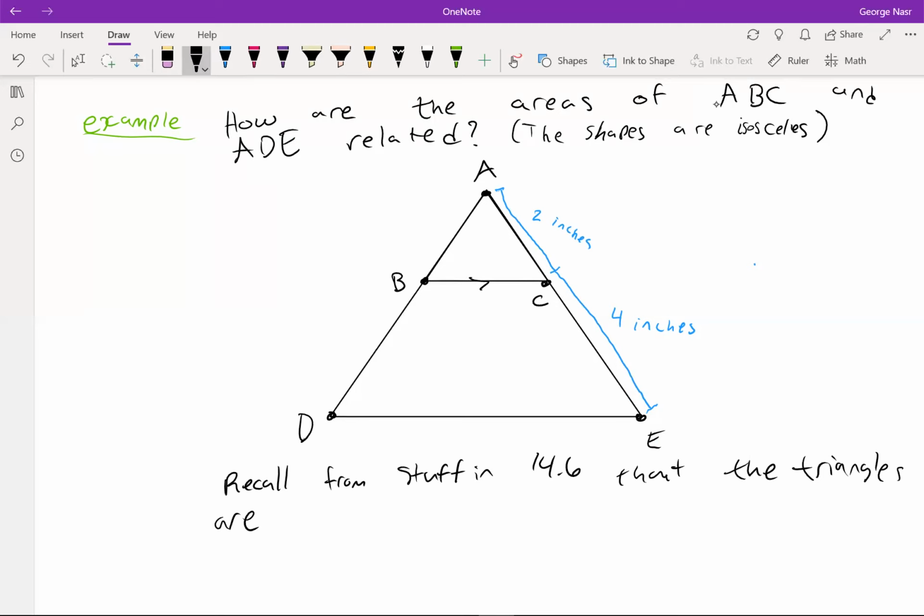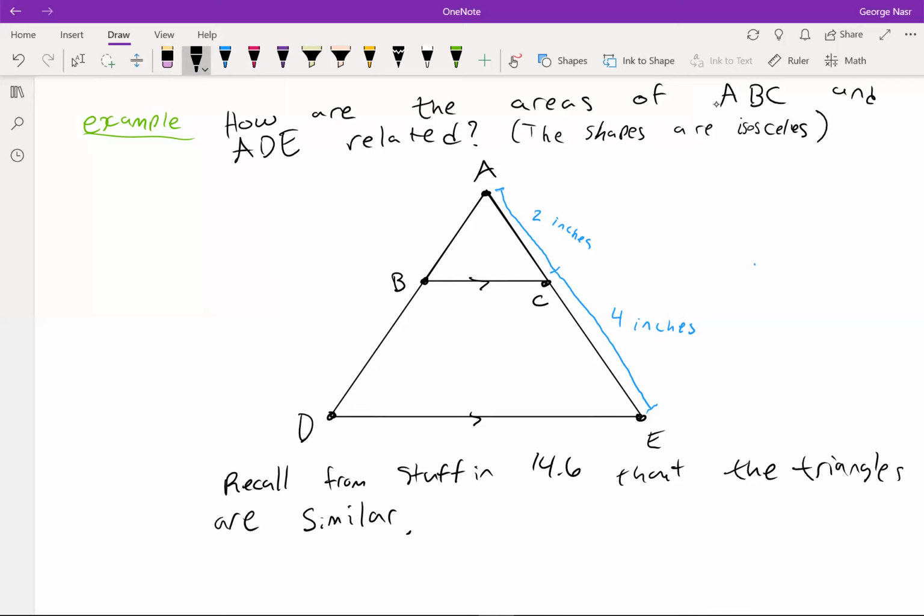These sides are meant to be parallel. And so by the parallel postulate, these angles will be equal. Those angles will be equal. And so by angle, angle, angle similarity for triangles, we know these are similar. So I'm not writing out all those details. That's what we just talked about in 14.6.